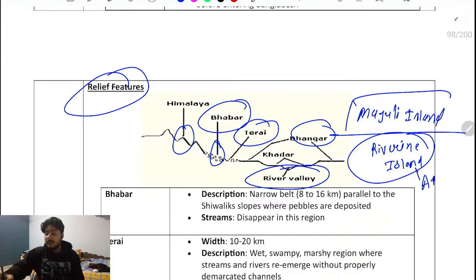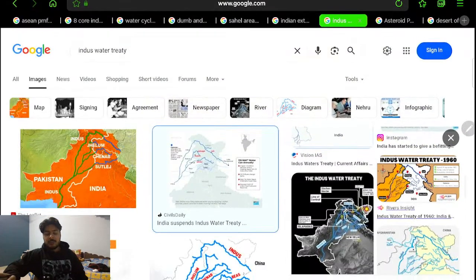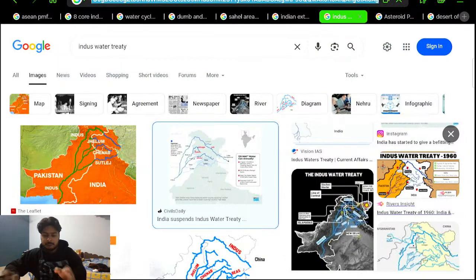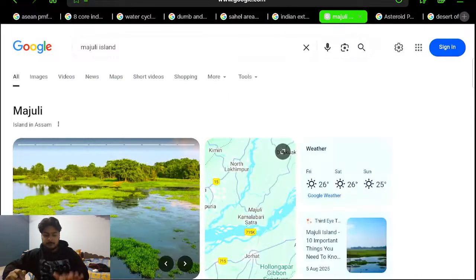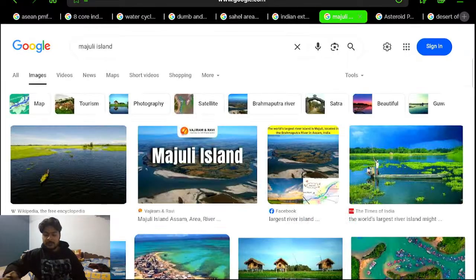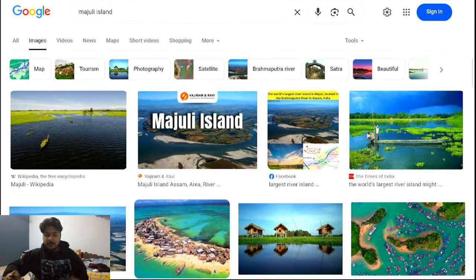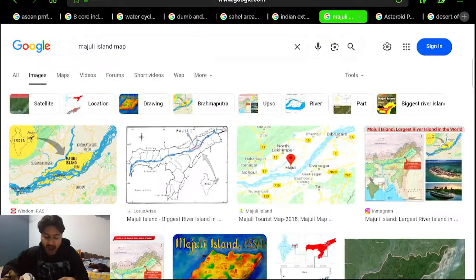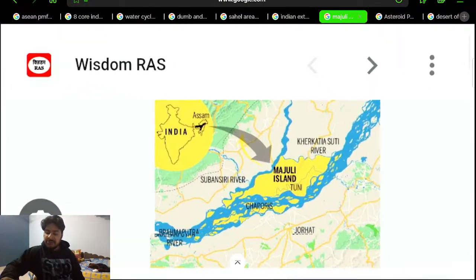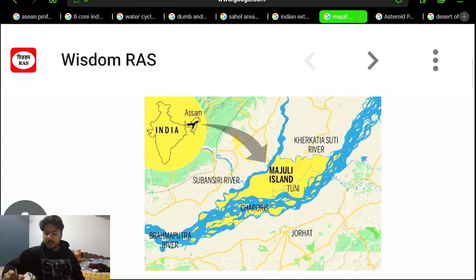In Assam you have this Majuli Island, which is the largest riverine island. Let me show you the Majuli Island. So this is the map. Can you see? This is the Brahmaputra which is coming down.